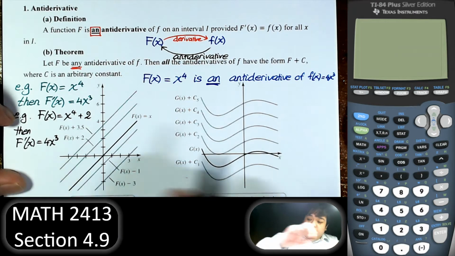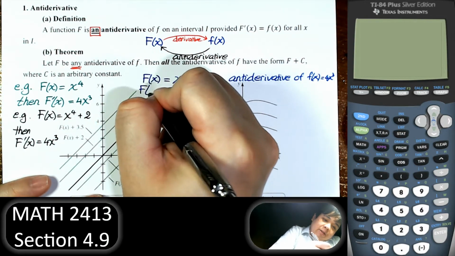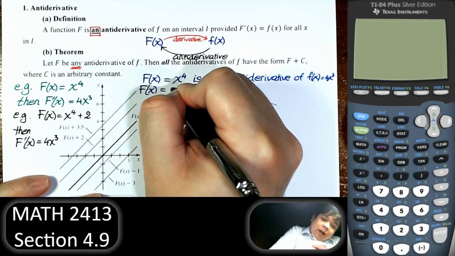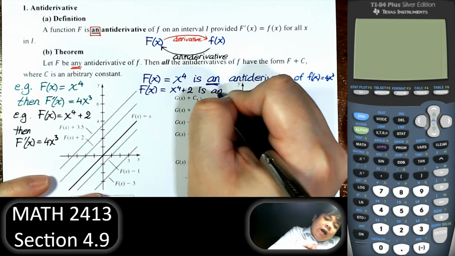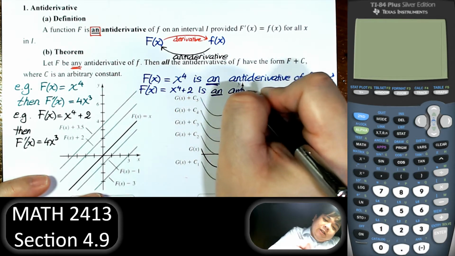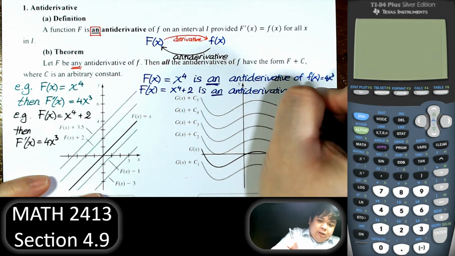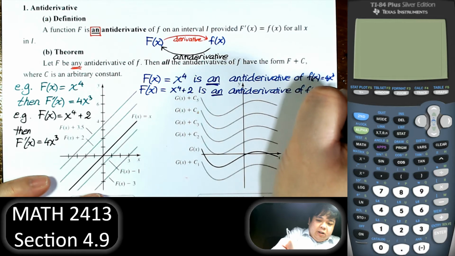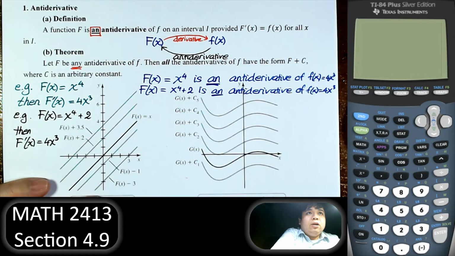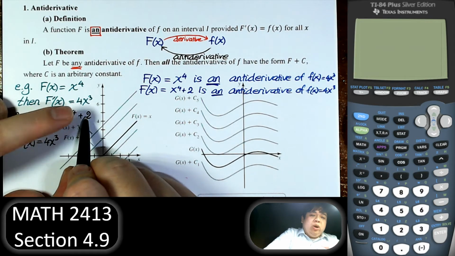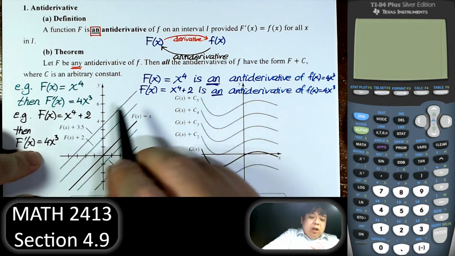And because of that, we can also say f of x equal to x to the fourth plus 2 is also an antiderivative of the function 4x cubed. So essentially we can add any constant, and the derivative is still the same, because the derivative of the constant is 0.